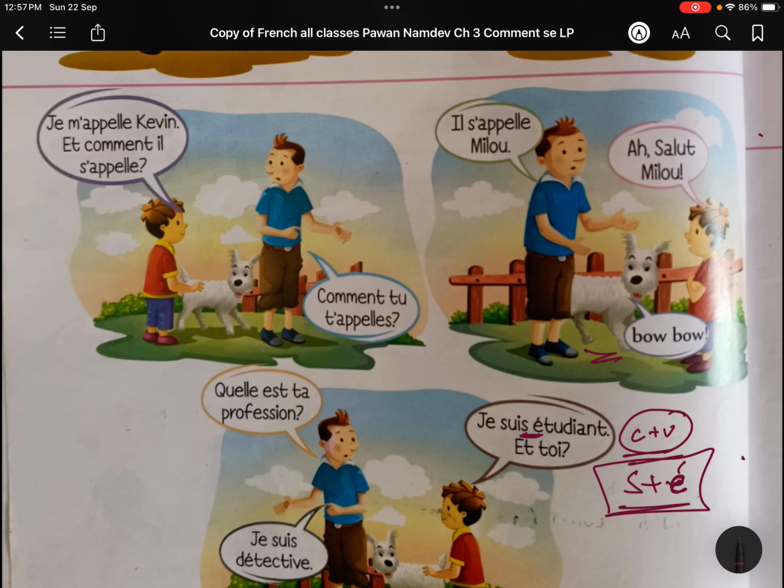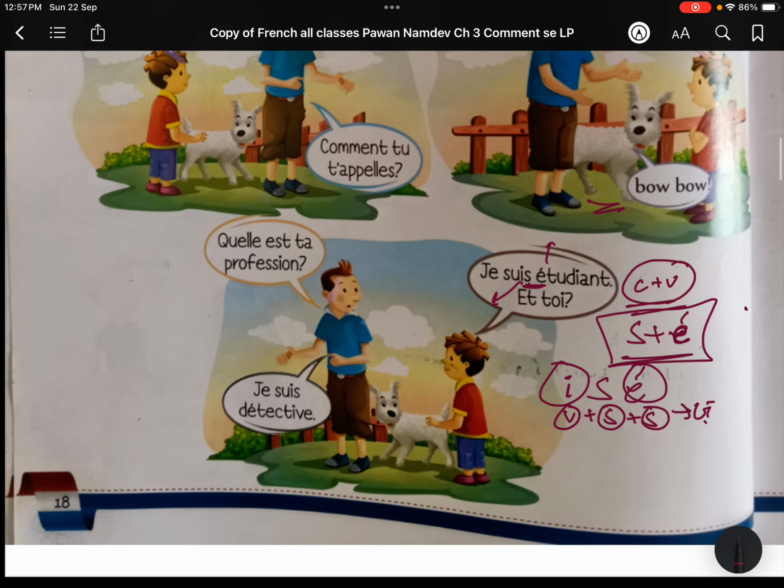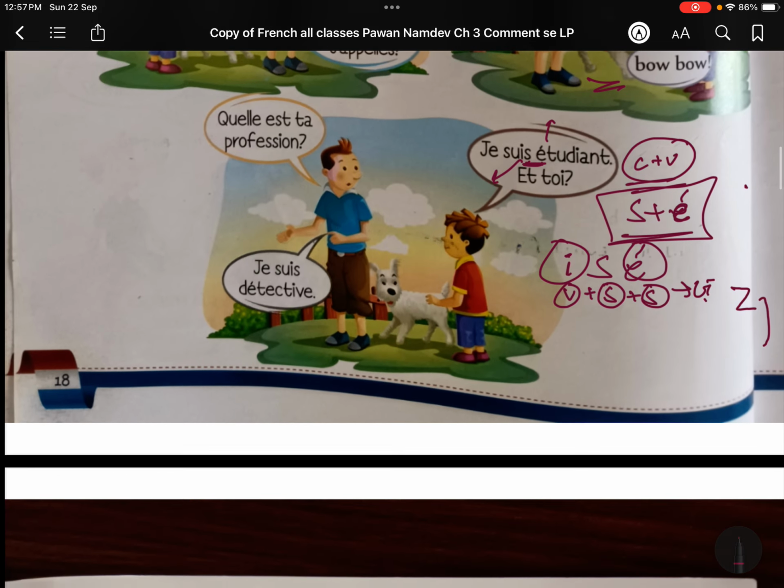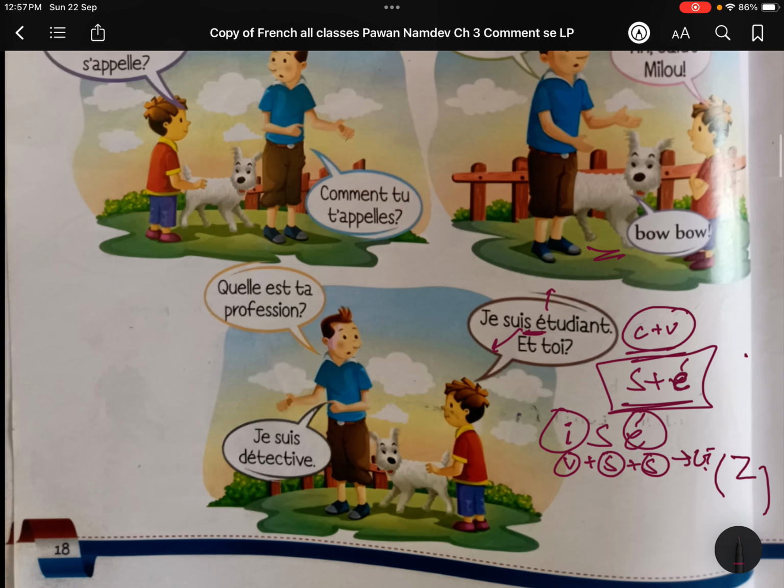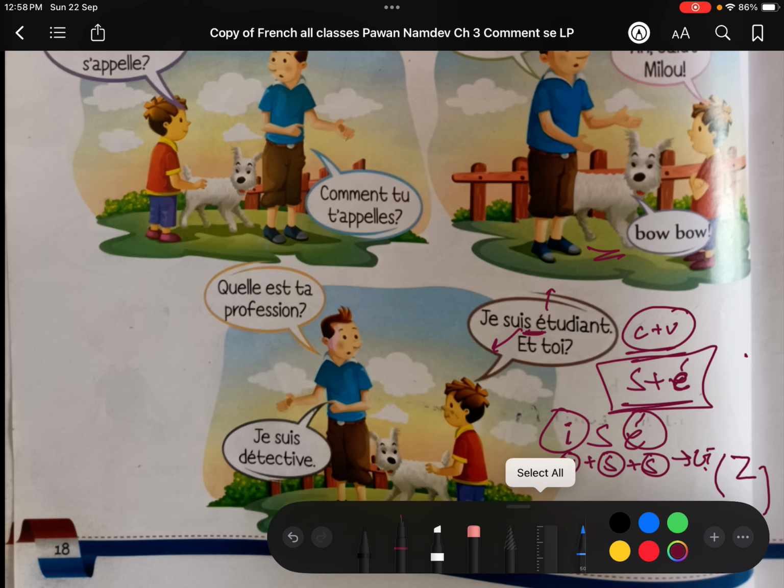And we are also having single s, between two vowels, so we have the sound z. Clear? Je suis étudiant.